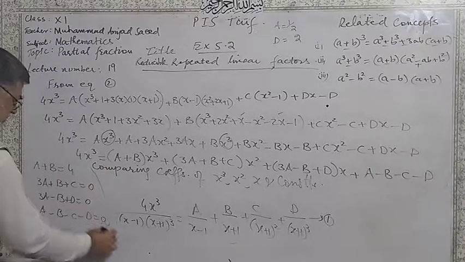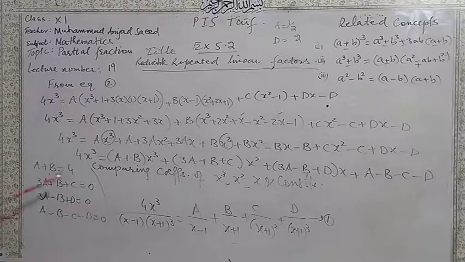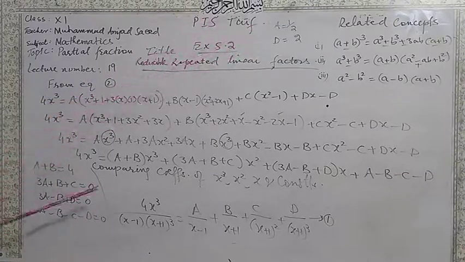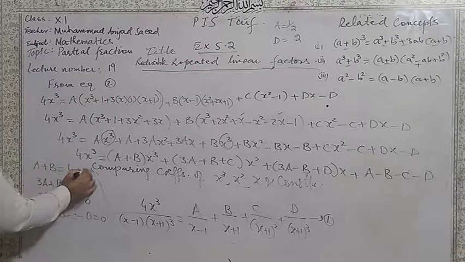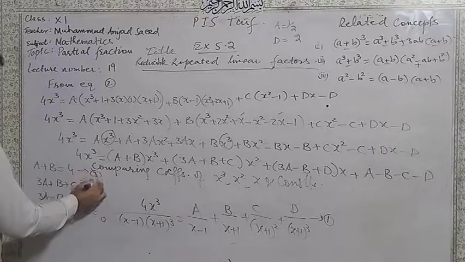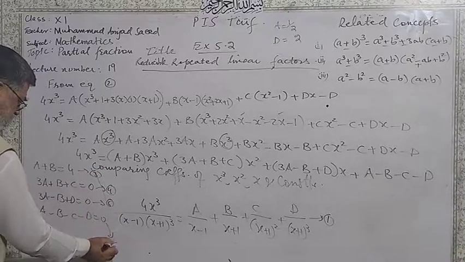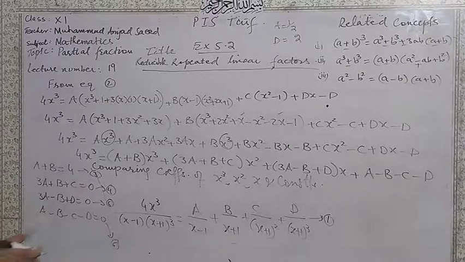Yes, students, by comparison we have, here we have the values already, a value and d value. We'll apply here. Write down, this is equation number 3. This may be 4, 5, and this equation is 6.